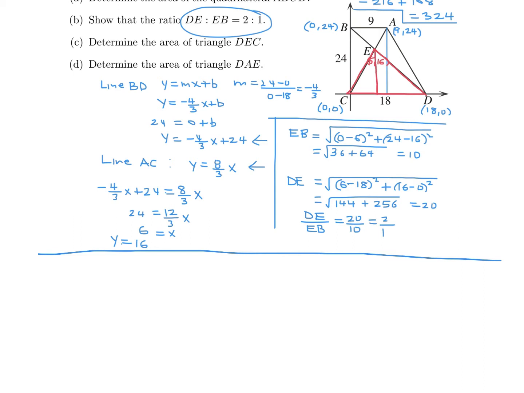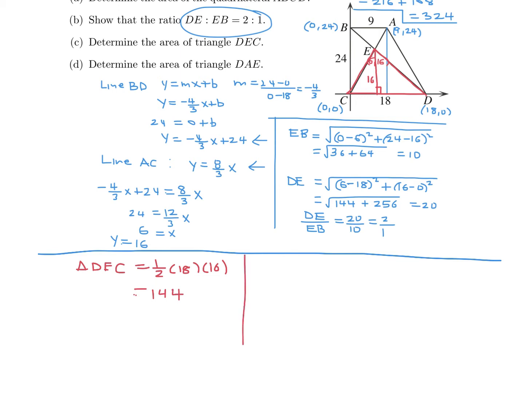The base is 18 and the height is the y coordinate of E, right? So that's 16. 16 is the height there, if this represents the height. So the area of triangle DEC is 1/2 base times height. The base is 18, and the height is 16. So that's 144. Okay, that was pretty straightforward.